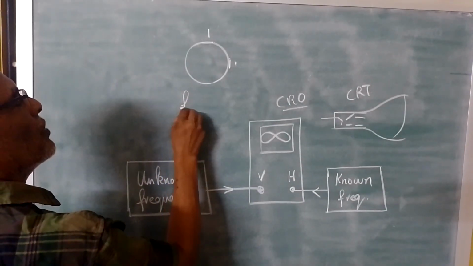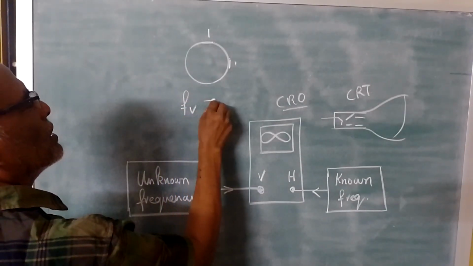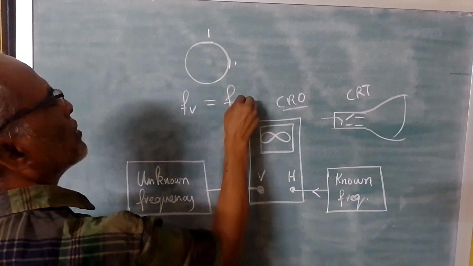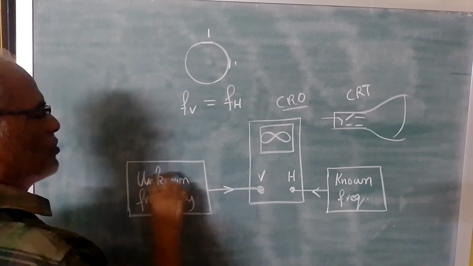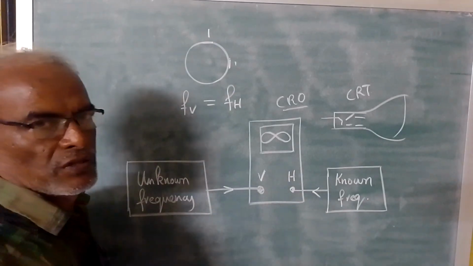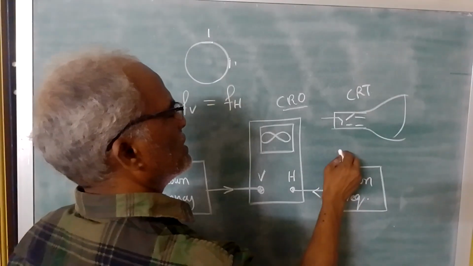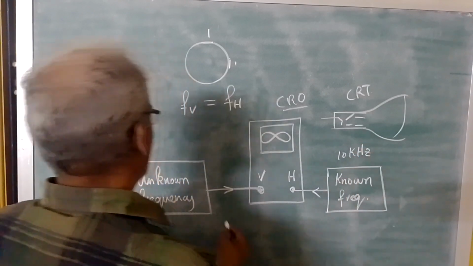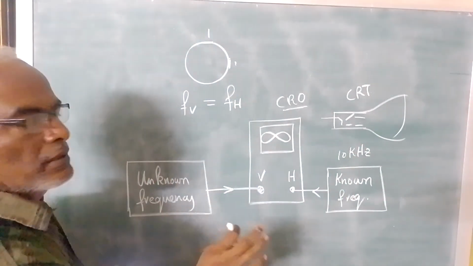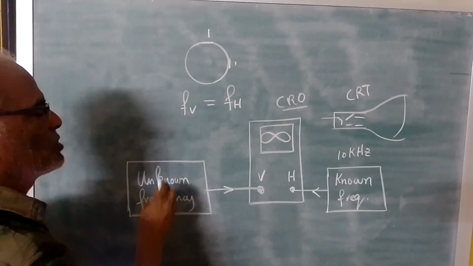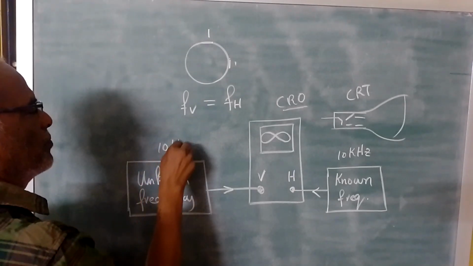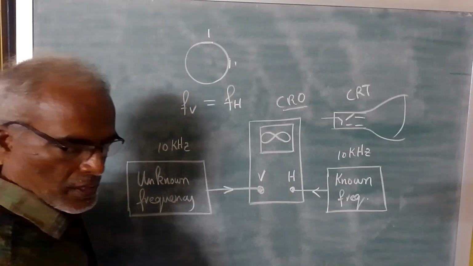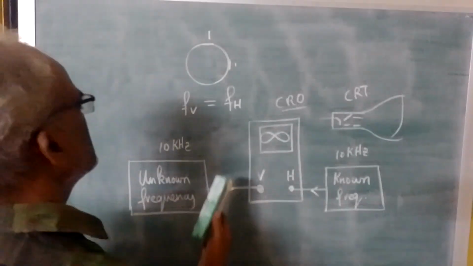Here the vertical frequency is equal to the horizontal frequency, that is, the unknown frequency is equal to the known frequency. Suppose the known frequency is 10 kilohertz. If you see a circular pattern, that means the unknown frequency is also 10 kilohertz. That's the meaning.